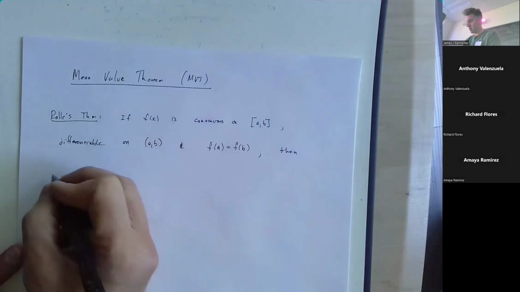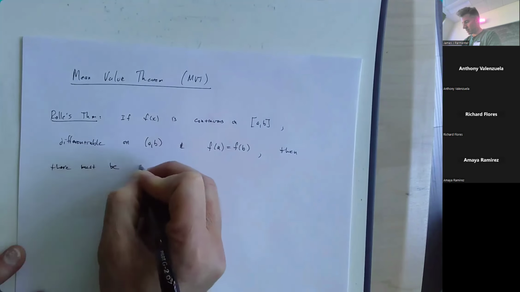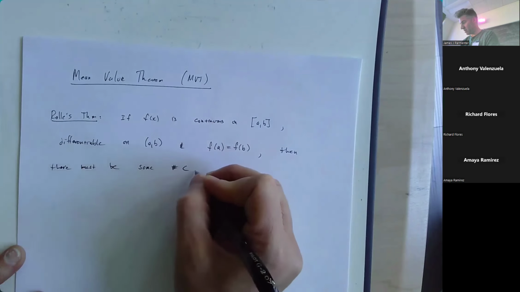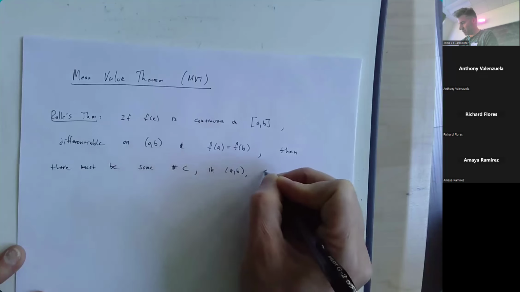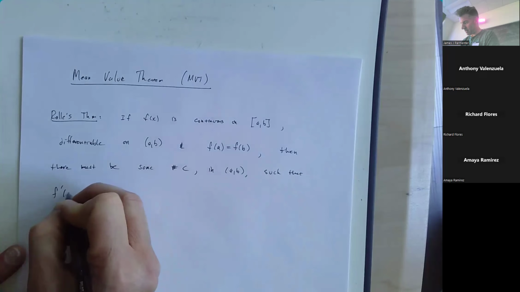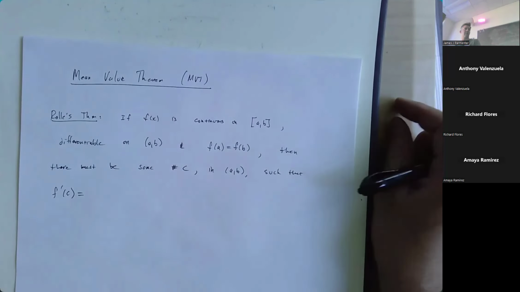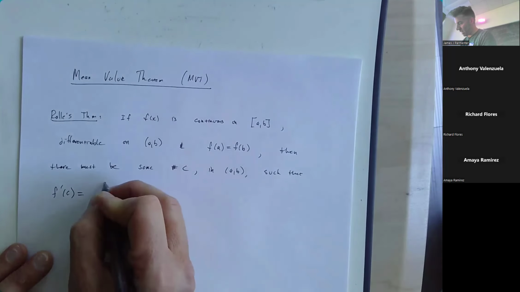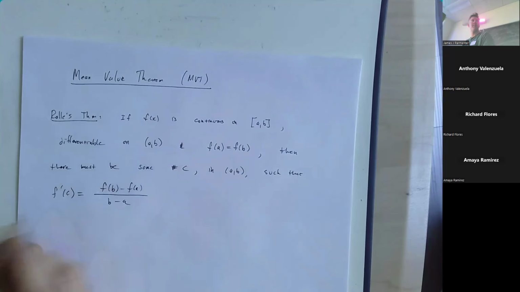then there must be some number, we usually call it c, in the open interval from a to b, such that f prime of c is equal to, and I'm going to phrase it in a way that's similar to the mean value theorem, f of b minus f of a all over b minus a.